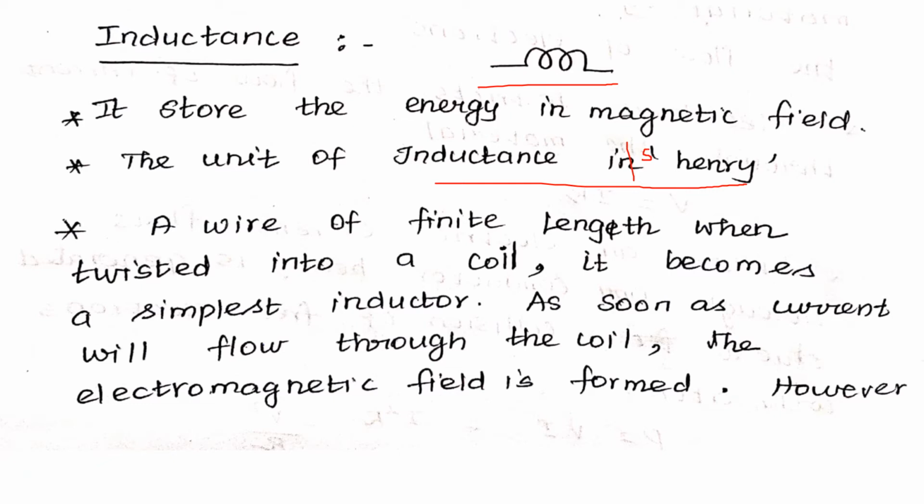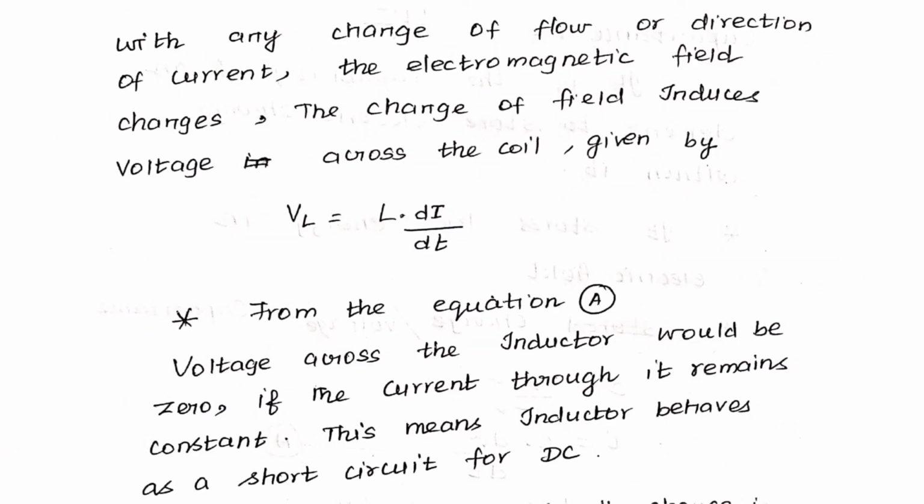As soon as the current flows through a coil, the electromagnetic field is formed. However, with any change in flow or direction of current, the electromagnetic field changes. The change of field induces the voltage across the coil. So VL equal to L into di by dt.